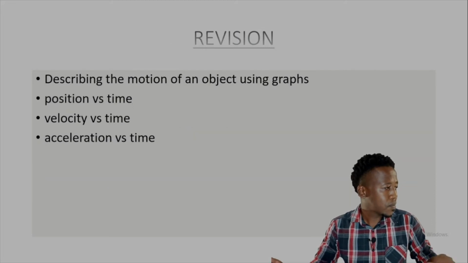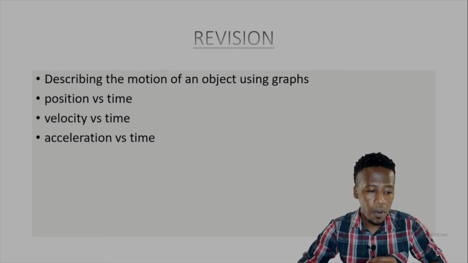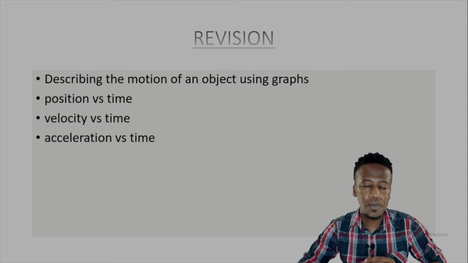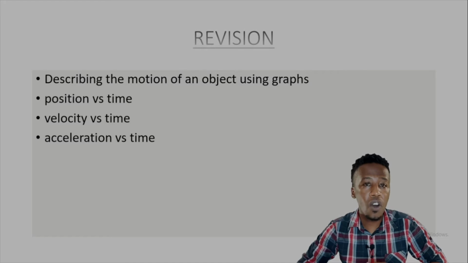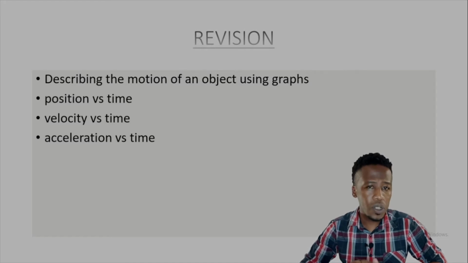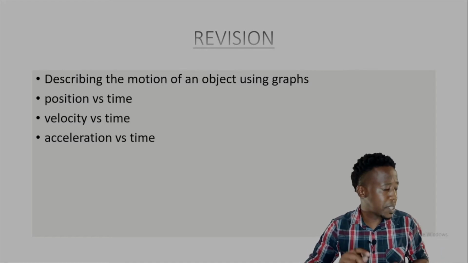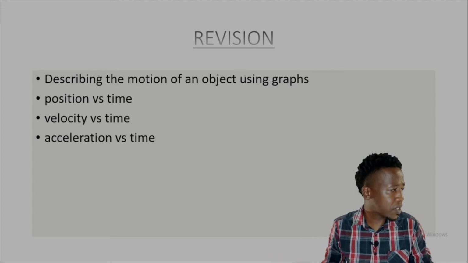Moving on. Now guys, for us to understand projectile motion, you need to go back and revise your grade 10 graphs of motion. We are going to talk a little bit about that and do a little bit of revision.